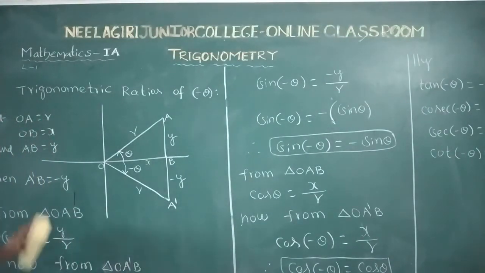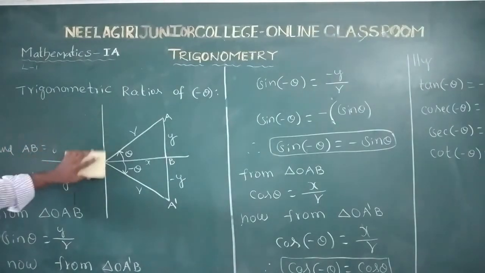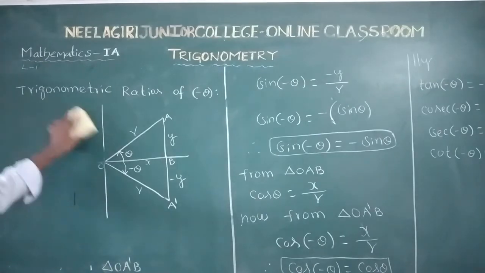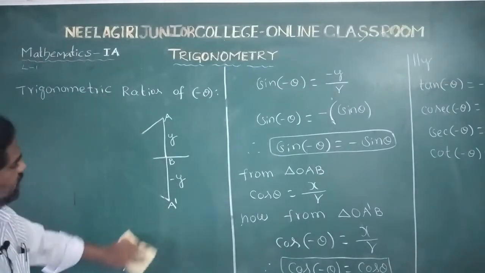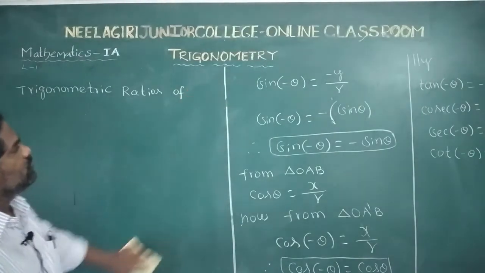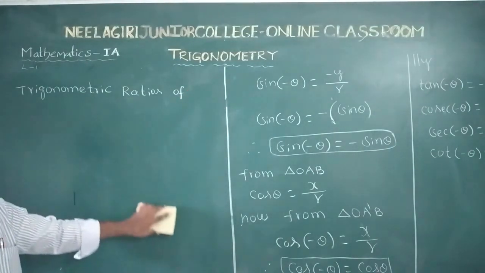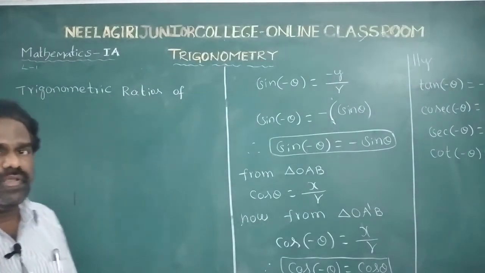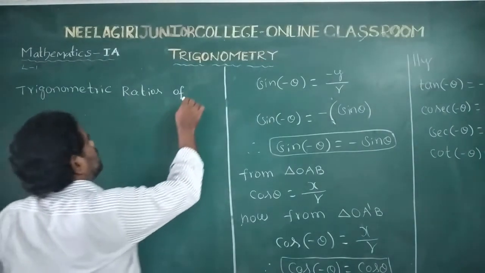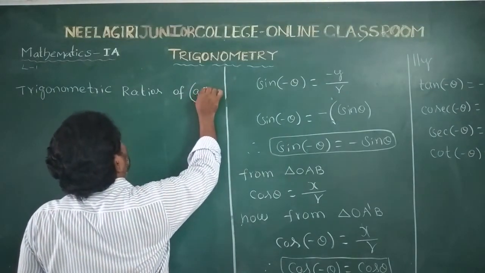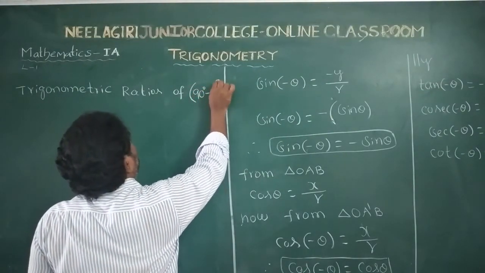Now let us see how we write the trigonometric ratios of 90 degrees minus theta.